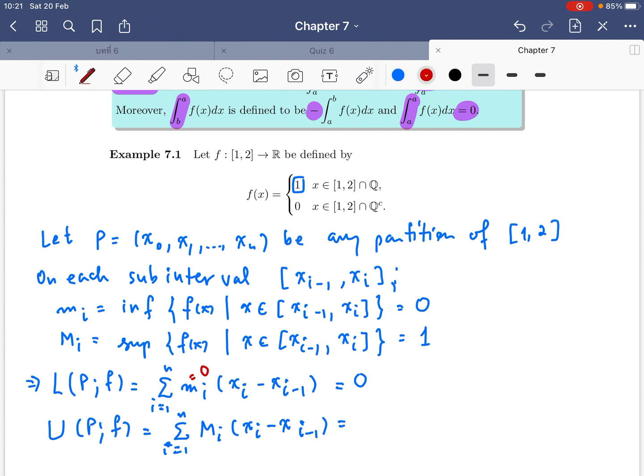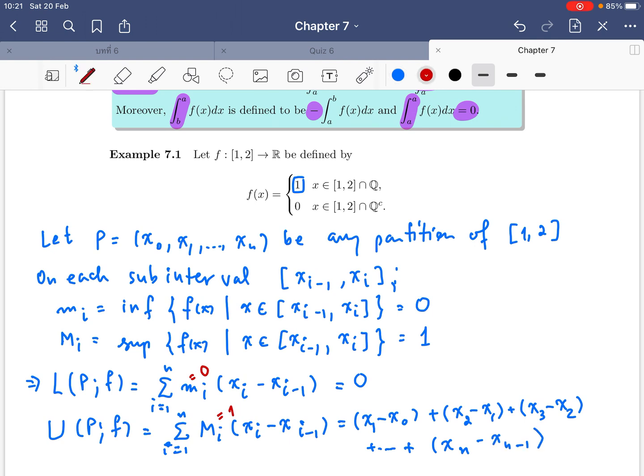However, this M_i is always 1, so here you can just stretch it to be x_1 minus x_0, x_2 minus x_1, x_3 minus x_2, etc., up to x_n minus x_{n-1}.